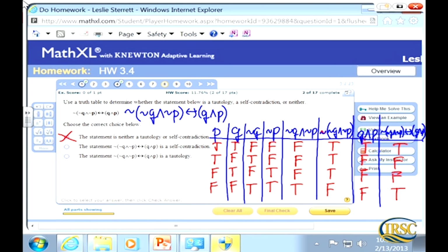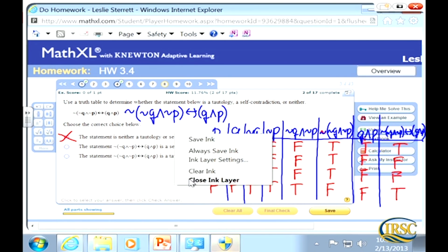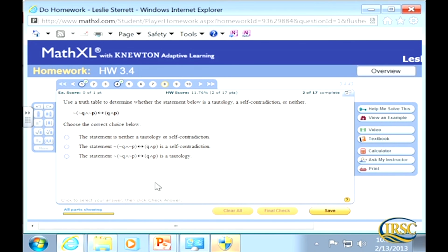So any questions when they're asking you whether it's a tautology, a self-contradiction, or a neither? Good job.